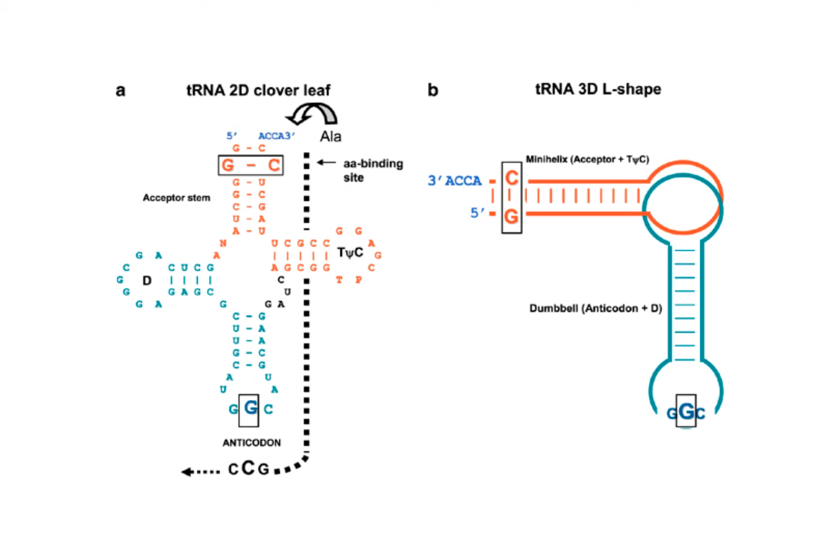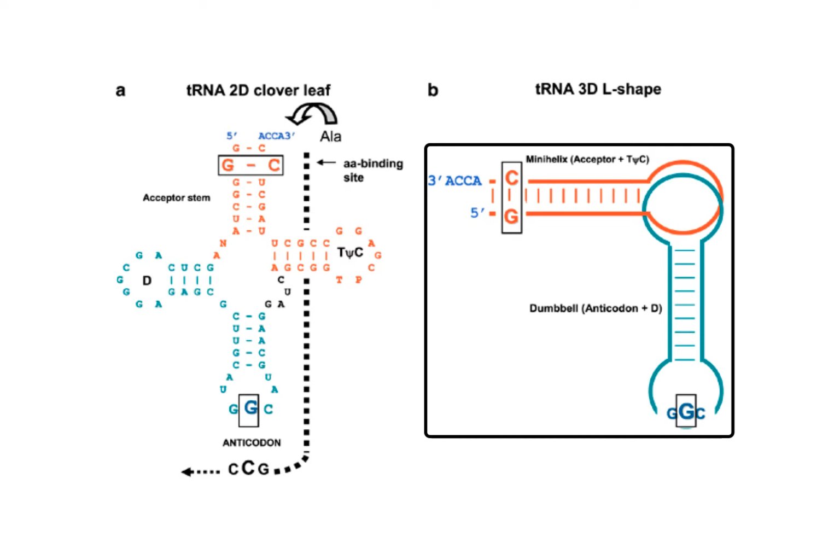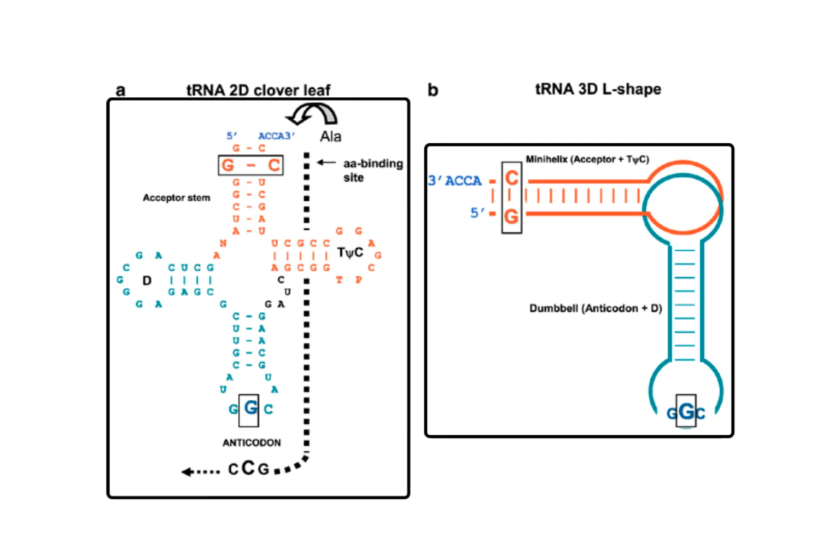So it's thought that initially you had just the acceptor arm and a T domain. That was duplicated to become this other part of the tRNA, and that became the modern tRNA in the L form, or a clover leaf if you spread it out in 2 dimensions.